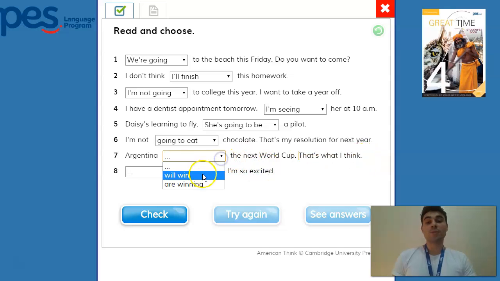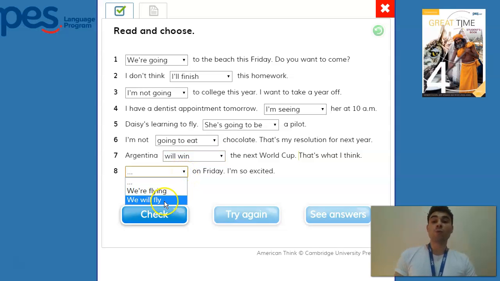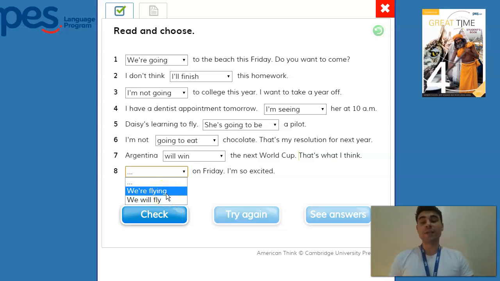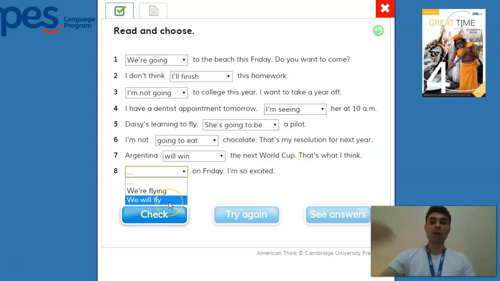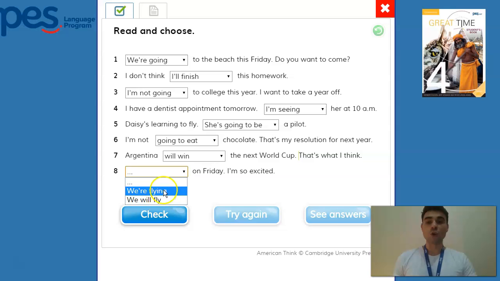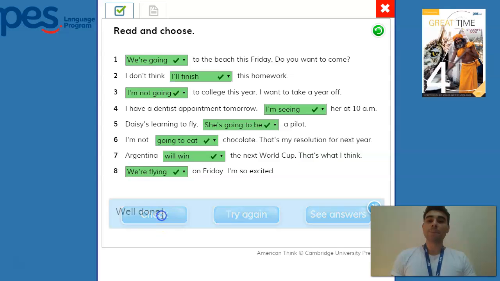So is something set, or is it a prediction? That's a prediction about the future, right? So will win. And the last one, number 8, on Friday. I'm so excited. So we will fly, or we are flying. Is this a prediction about Friday, or is it something that is already arranged? It's a plan. So we are flying on Friday. I'm so excited. Let's check.